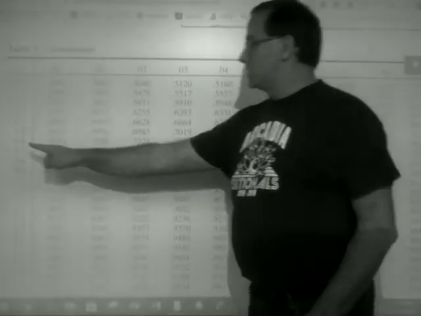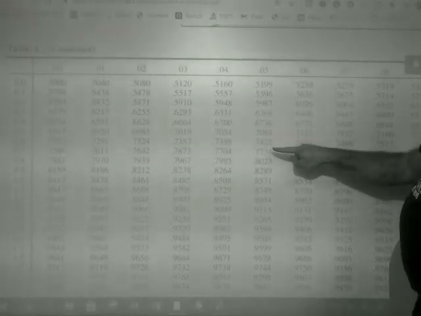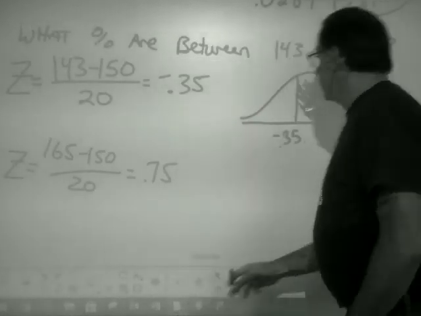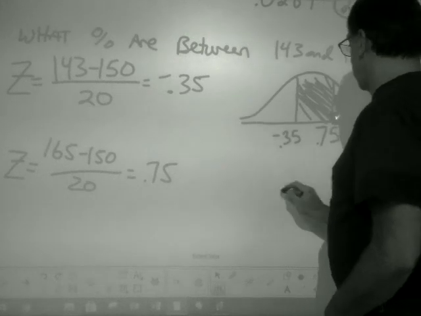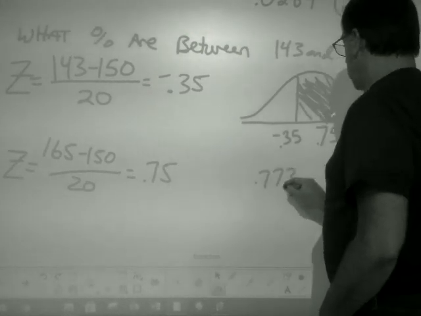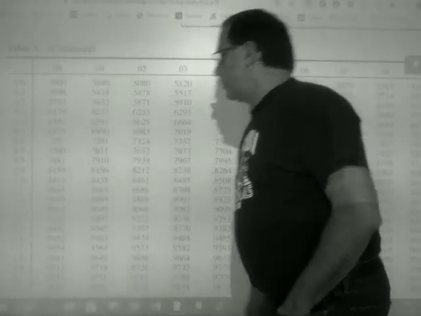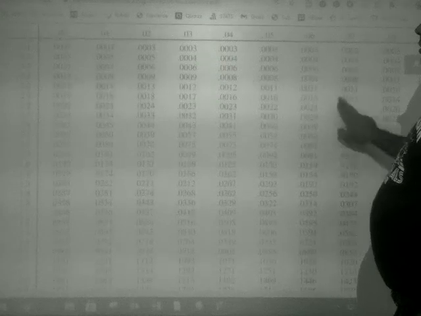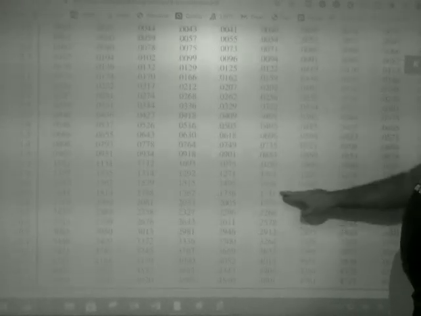So 0.75. Here's 0.7, second decimal of a 5. 0.75 is 0.7734. So that's 0.7734. That's from here over. Negative 0.35. That's on the negative chart. So here's the second decimal of a 5. So I'm in this column.